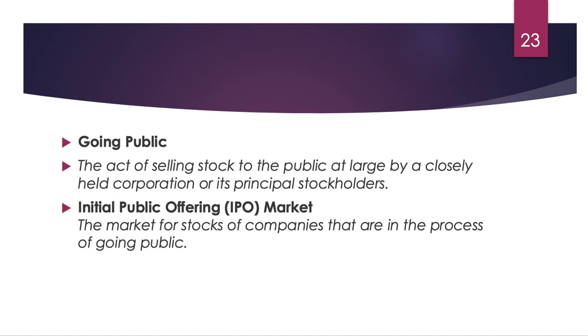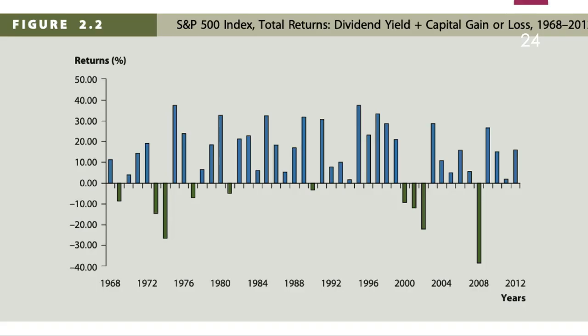And similarly, initial public offering, we call this the IPO: the market for stocks of companies that are in the process of going public. So that's the IPO procedure, but we will discuss much more detail about the IPO procedure in the coming weeks.